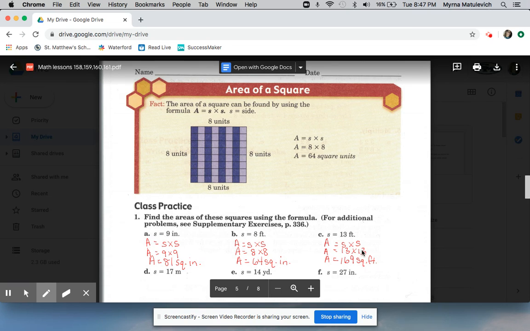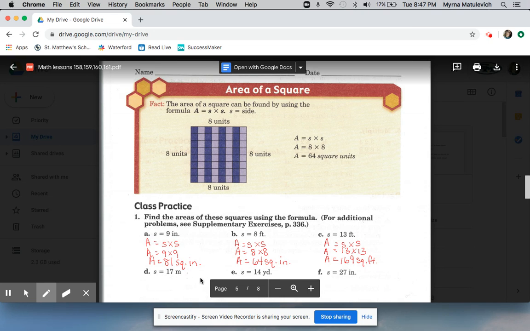Area equals 13 times 13, and these answers are all square numbers because the square root of 169 is 13, the square root of 64 is 8, the square root of 81 is 9. These are all perfect squares, which you get when you multiply a factor times a factor that's the same, right?